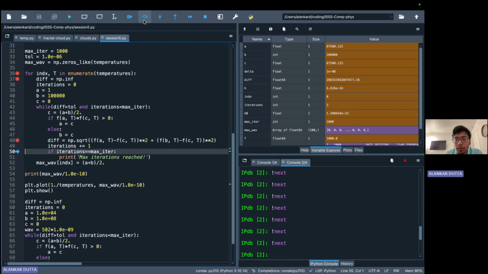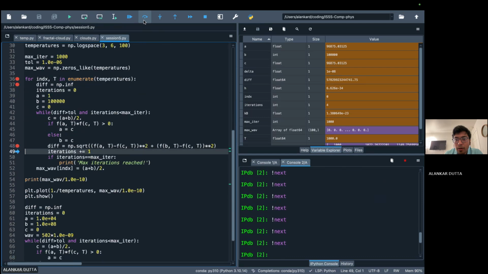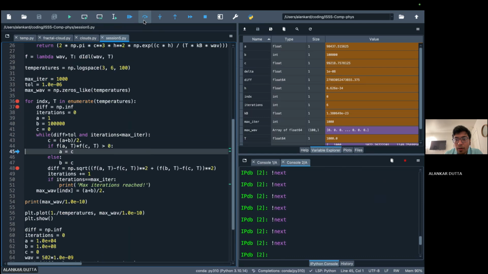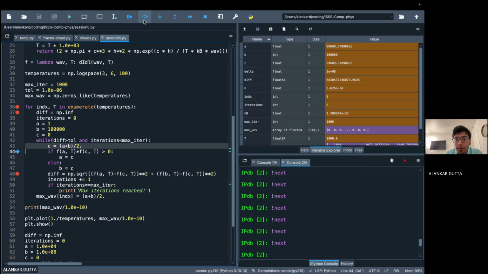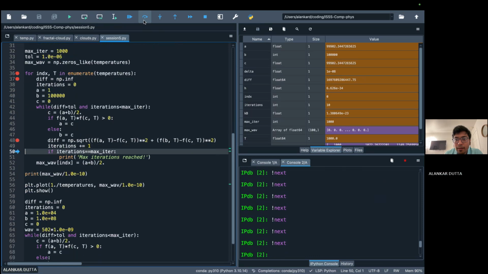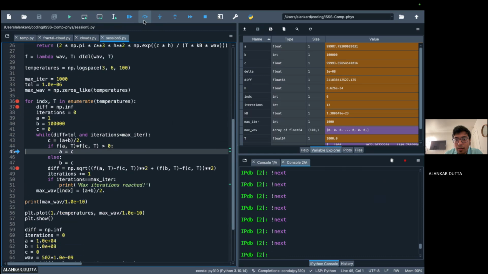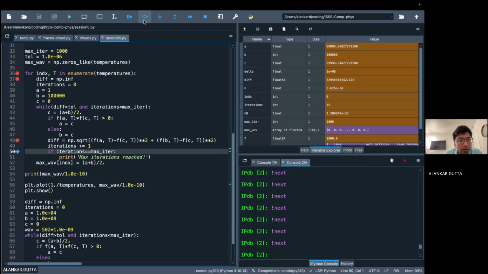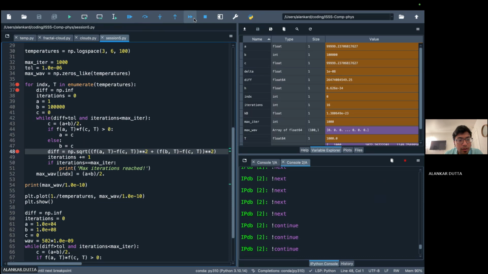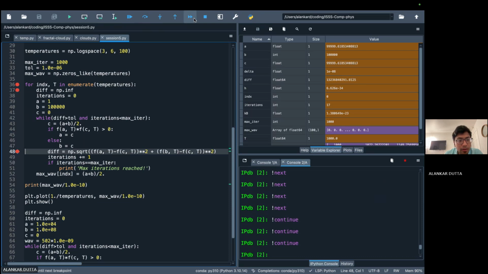Is the diff reducing? Does reduce. Just want to see what the value of diff does. It goes to, how many iterations? I mean, 43 iterations.